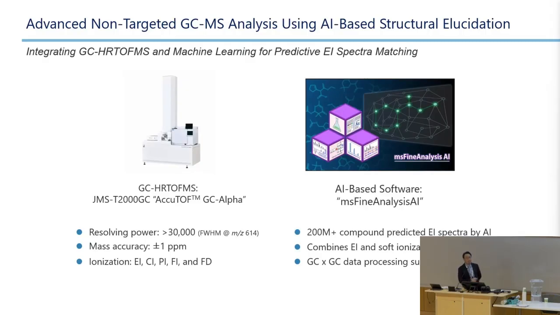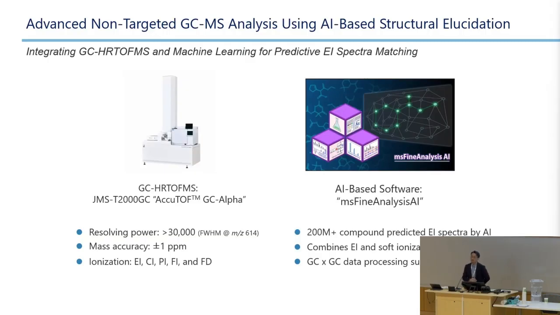CI, PI and FI are soft ionization techniques to get the molecular ions. Our software MS500 AI has over a 200 million compound database of predicted EI mass spectra, a huge database built by machine learning. The latest version can also handle GC data.